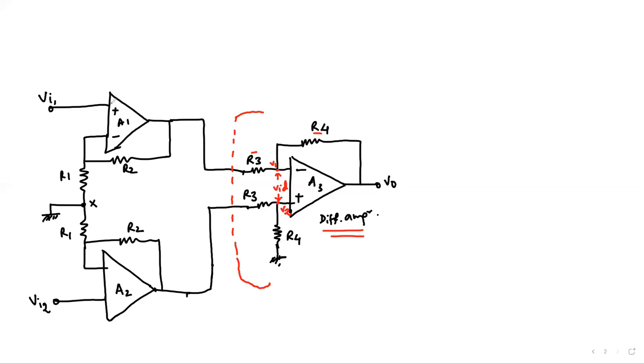If we closely observe these two blocks right over here, they are the voltage followers. We've covered the topic in another video. They are also called input buffers.